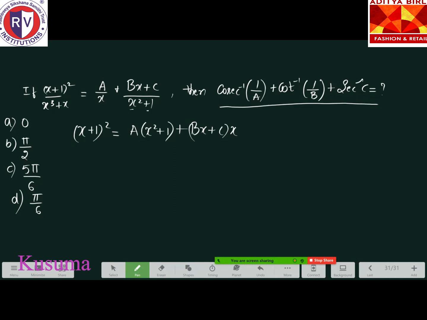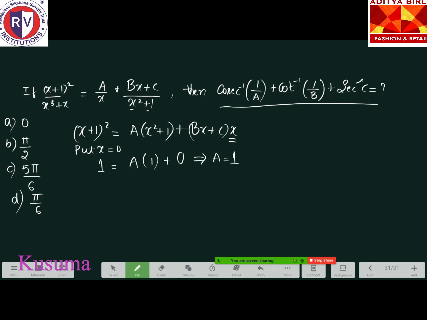So let us give values for x so that we can find the values of a, b and c. First, let me put x is equal to 0. When x is equal to 0, the value in the LHS will be 1, right? That is 0 plus 1 whole square, that is 1. So here, what about a? So here it will be a into 1 plus b into 0 plus c into 0. That is 0 here. So the value of a will be equal to 1.